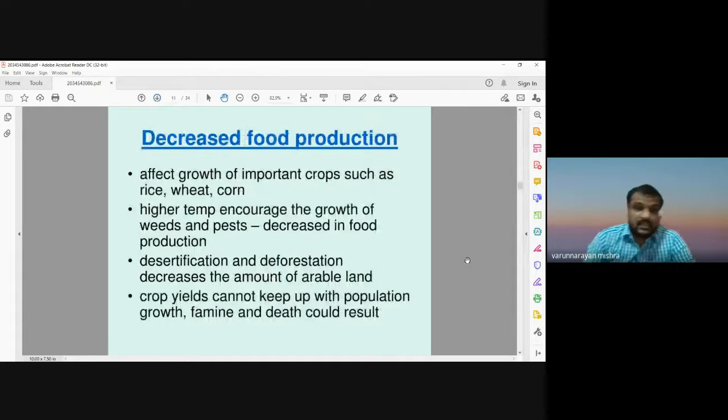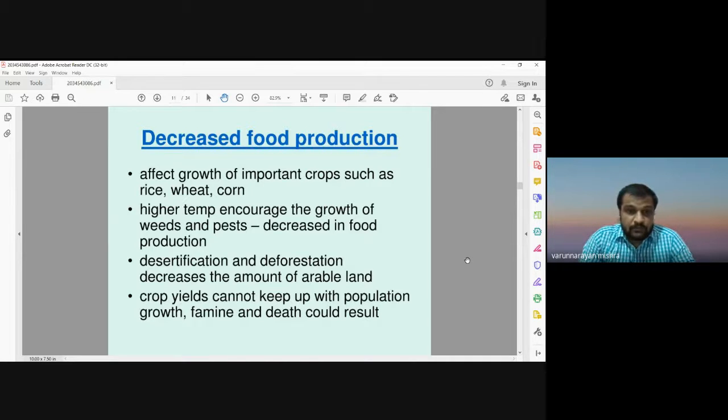So what is the decreased food production? Okay, the decreased food production means that because of the rapid population growth, the arable land is now being converted into some other land use, such as urban areas. That may affect the growth of important crops such as rice, wheat, and corn.